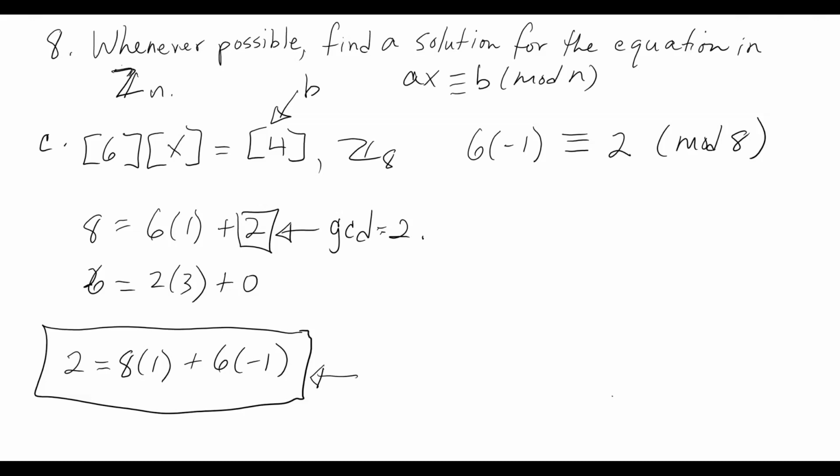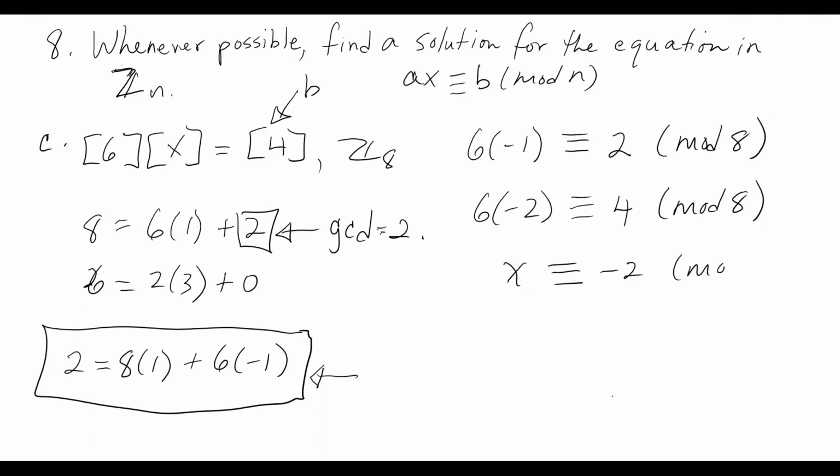I can get a 4 in the 2's place simply by multiplying both sides of the congruence by 2. So 6 times negative 2 is congruent to 4 in mod 8. This means that our solution, x, has to be congruent to negative 2 in mod 8.